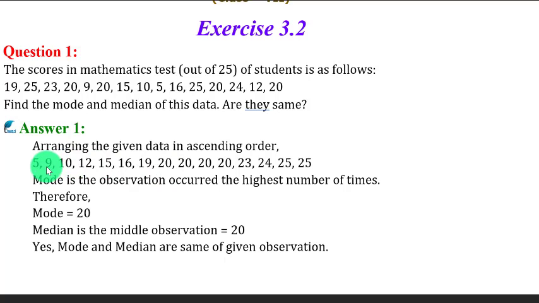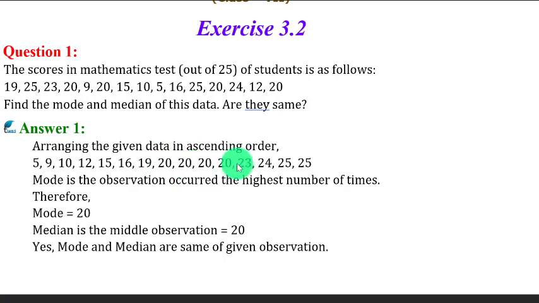In this, how much data is given in total? Check here: 1, 2, 3, 4, 5, 6, 7, 8, 9, 10, 11, 12, 13, 14, 15. So 15 data are given. So which is the eighth one? That is the middle observation. So 1, 2, 3, 4, 5, 6, 7, 8. So this is the middle observation.